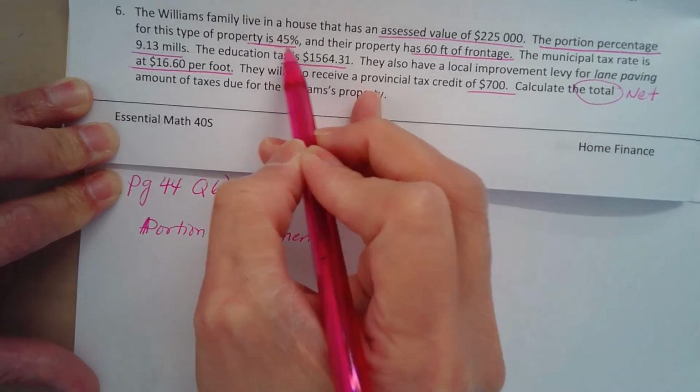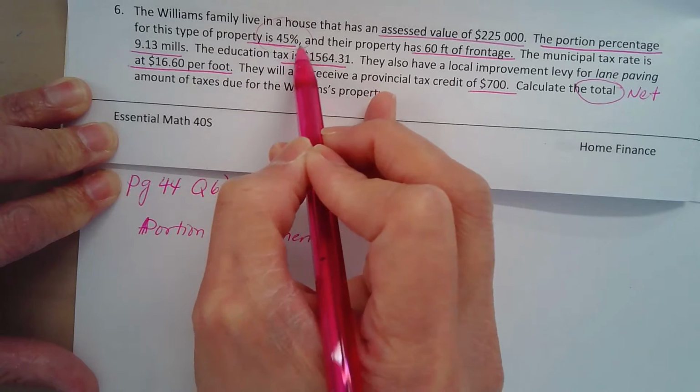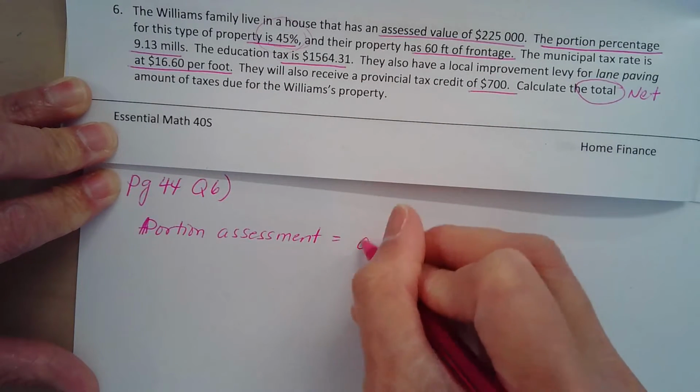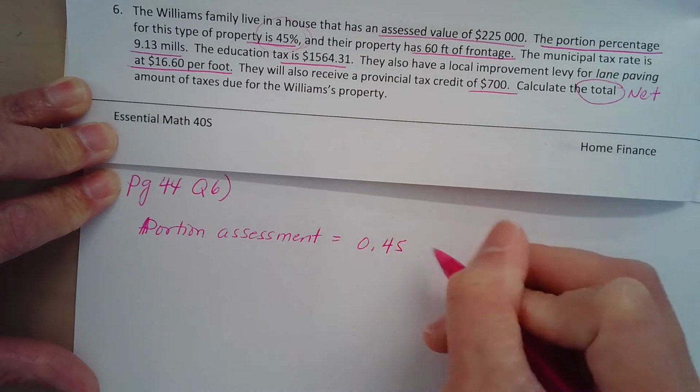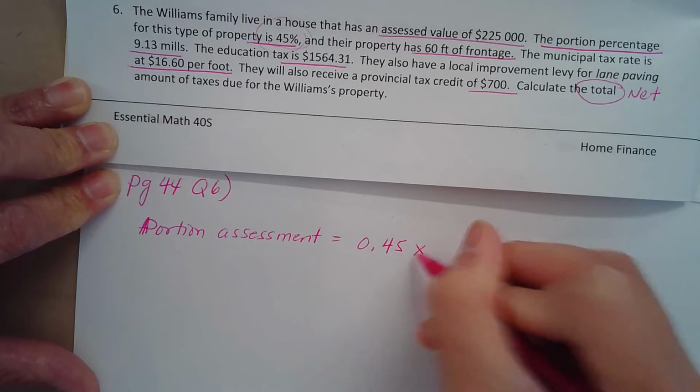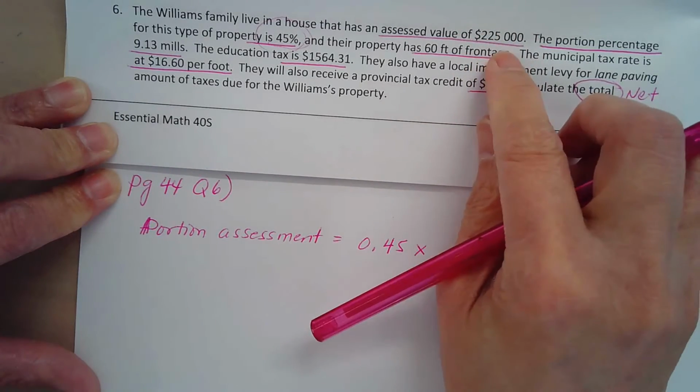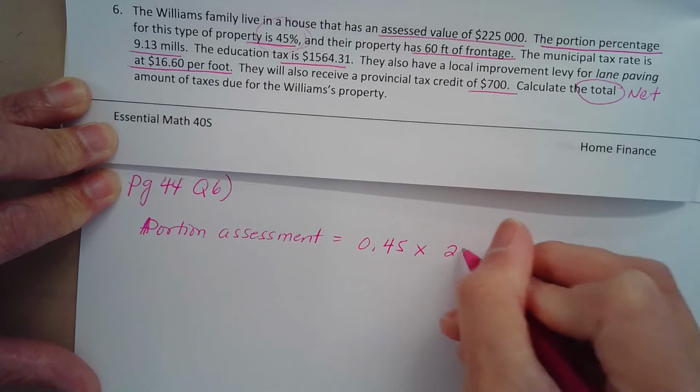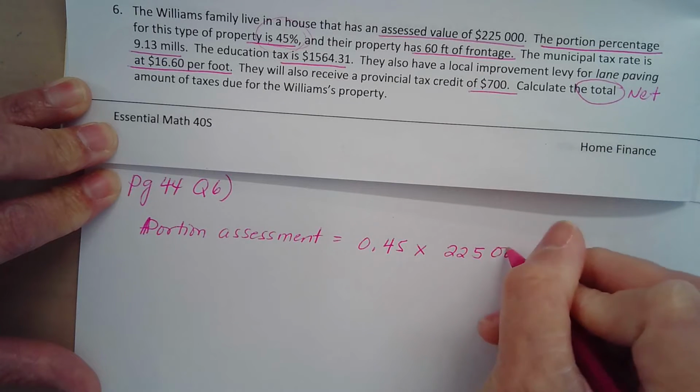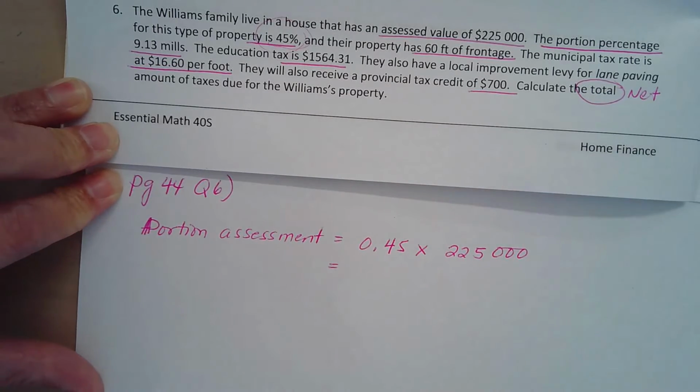We know it's 45%, so 0.45 times the value of their property, $225,000.